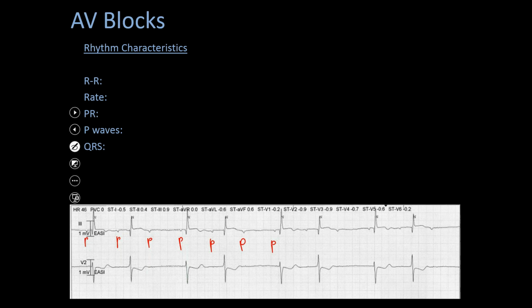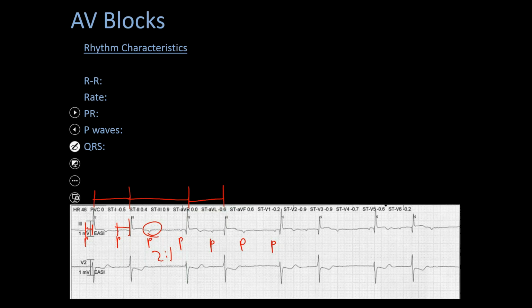So it looks like our R's are irregular. Our PR looks like it's lengthening. And then we have a dropped beat. So it looks like 2-to-1 AV conduction there.